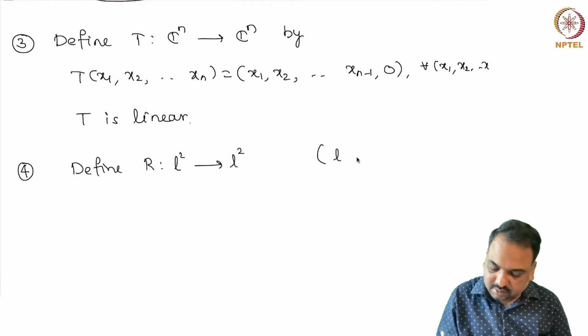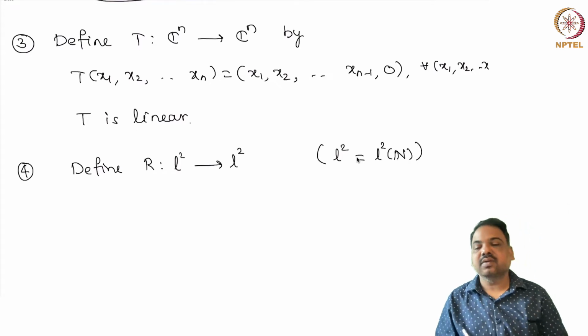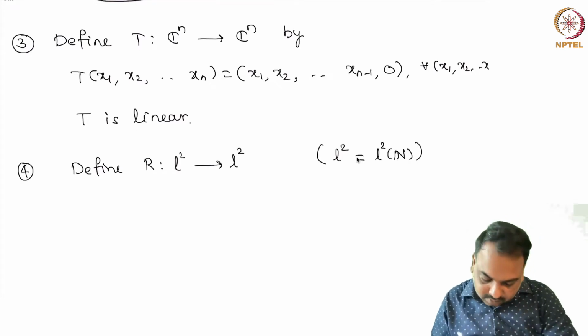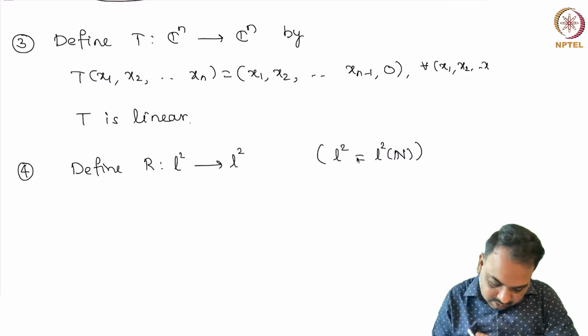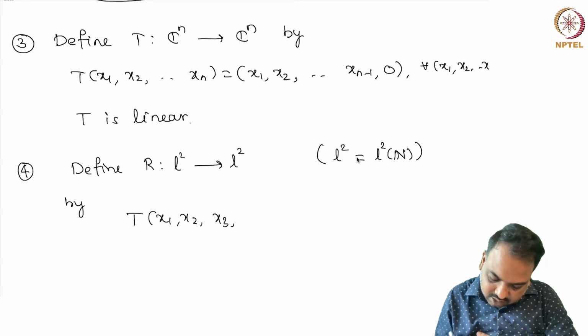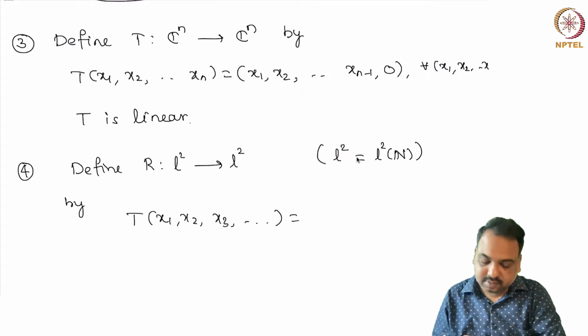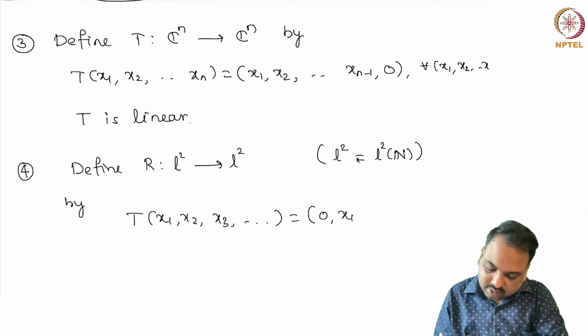Here L2 is nothing but L2 of N. If you don't specify anything, it is L2 of N. So define R by T of x1, x2, x3, and so on as 0, x1, x2, and so on, for every x in L2.